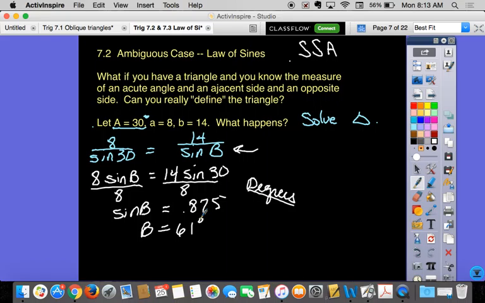Well, that doesn't seem too bad at all. But let's think for a second and see if we can take in the picture. What we did is we set angle A to be 30 degrees. This is set in stone at 30 degrees. We set this side to be 14, let's just say inches.